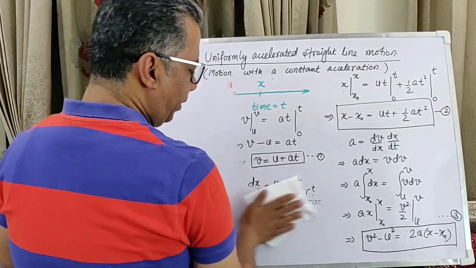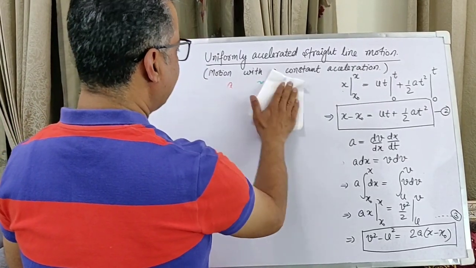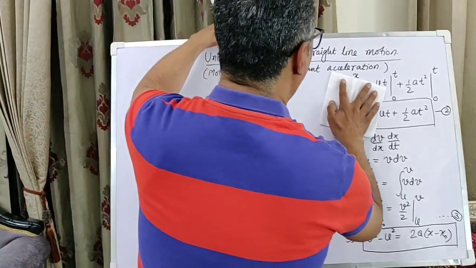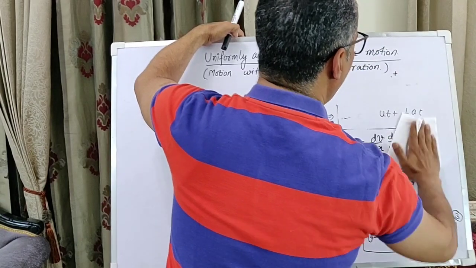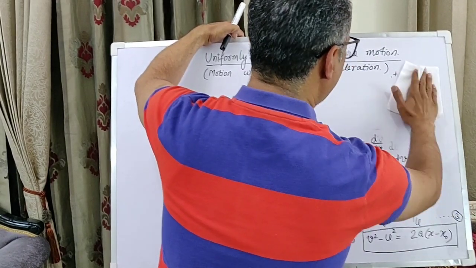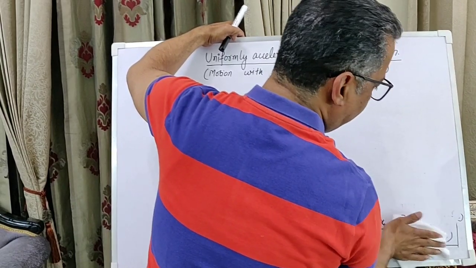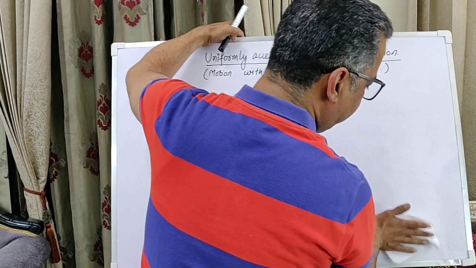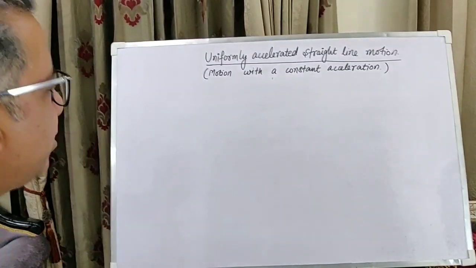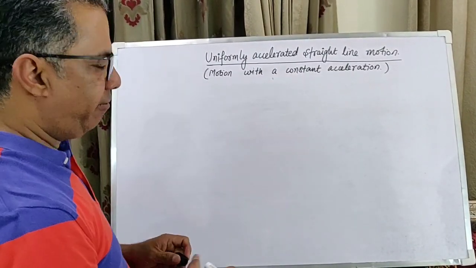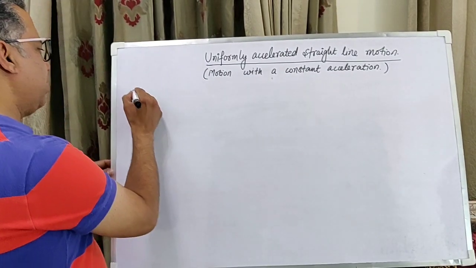Now the next equation that we'll be arriving at is the calculation of average velocity in uniformly accelerated straight line motion. In a given interval of time, the average velocity is the total displacement during the interval divided by the total time of the interval.